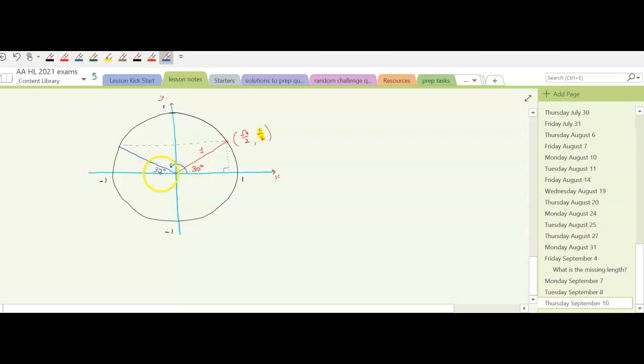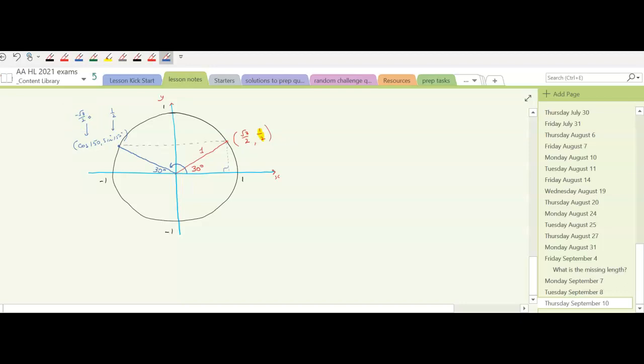But this angle in here is 150, and so the coordinates of this point are cos 150, sine 150, because that's the definition of cos and sine. I know sine 150 is 1 over 2, a half, and I know the coordinates of this point because they're going to be the negative of the x coordinates for 30 degrees.